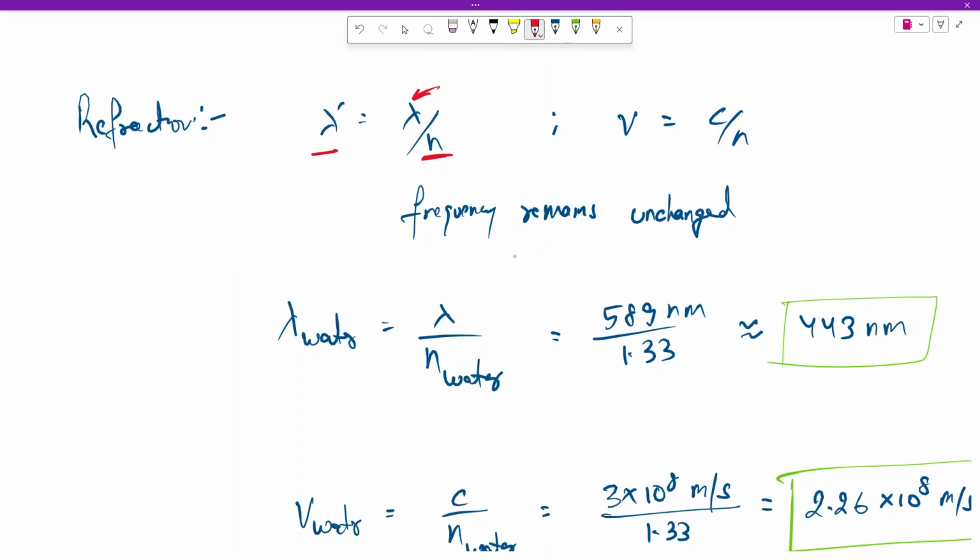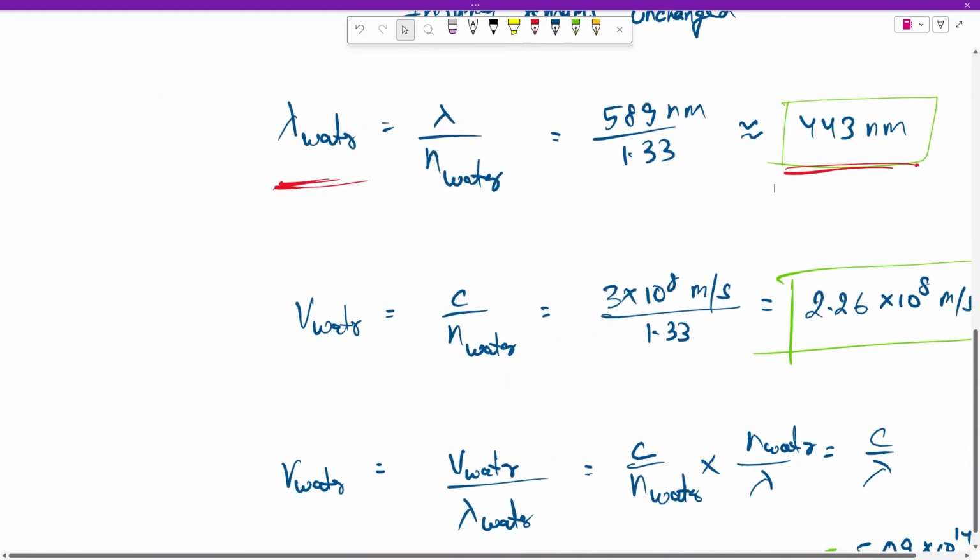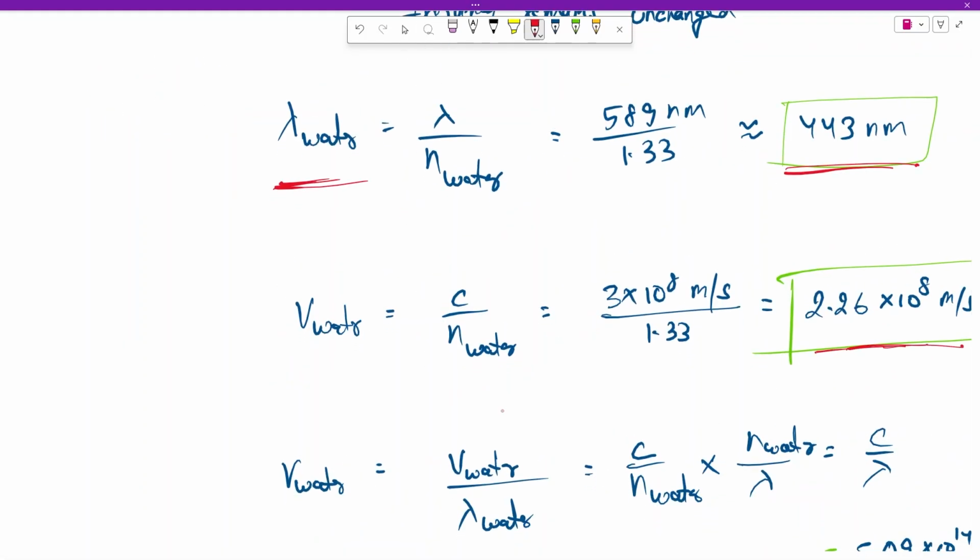Similarly, the speed in any medium is equal to the speed of light in vacuum divided by the refractive index of that medium. Using this formula, we calculate the wavelength in water as 443 nanometer, and the speed of light in water as 2.26 × 10^8 meter per second.